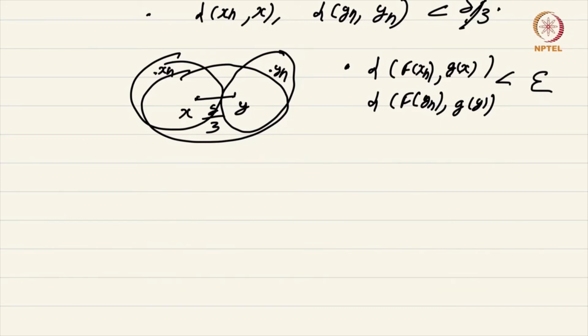Now we have ensured by our choices that d(g(x), g(y)) is actually going to be less than 3 epsilon. Why is that?